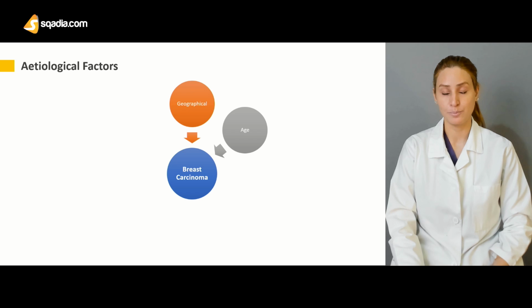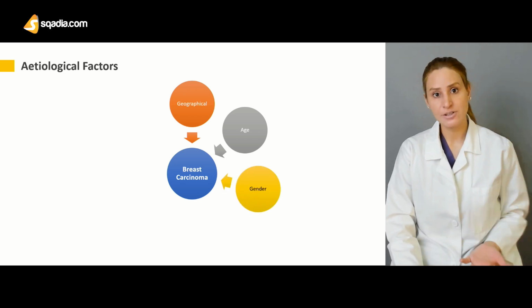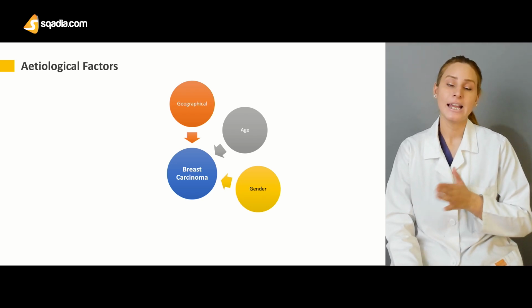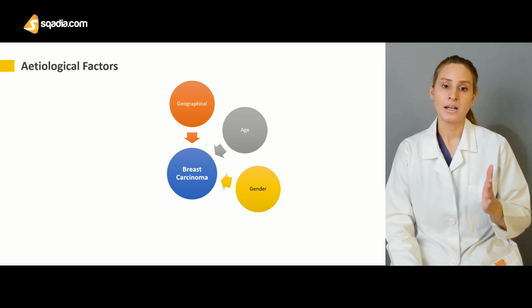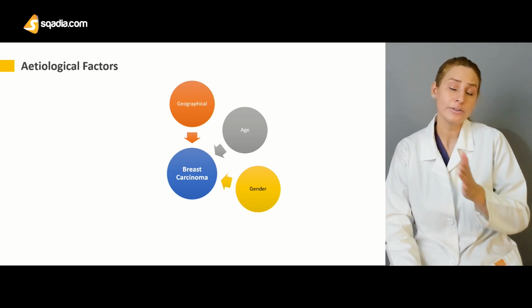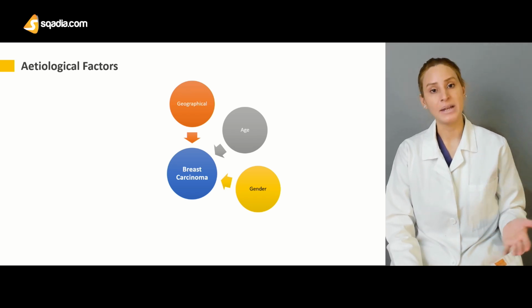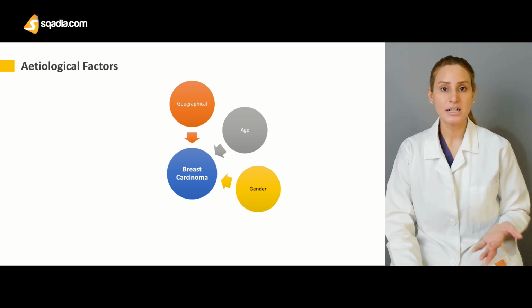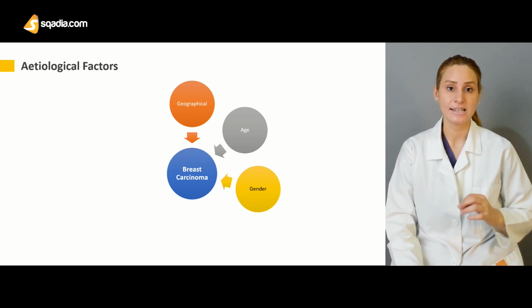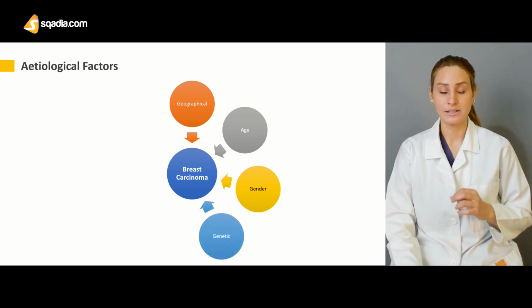So age is an important factor, usually above the age of 40 years. Then gender: it's more common in females as compared to males, and there's a female predisposition to breast cancers. Breast cancers can be in the male population as well, but their percentage is very low, and it's a very rare tumor in males.